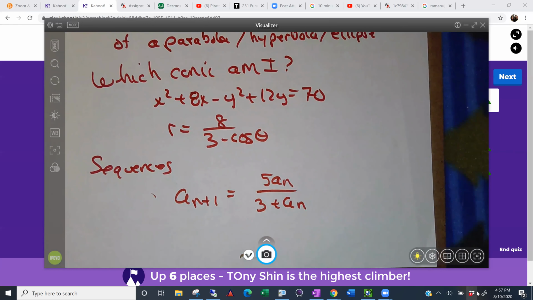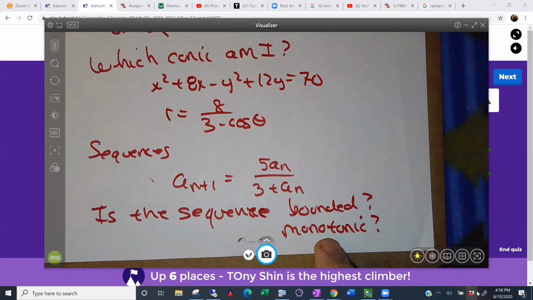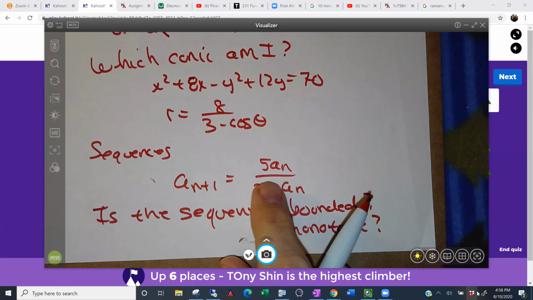You should be able to write out the first 5 or so terms. Let's see, what else do we do? Is the sequence bounded, monotonic? I would ask these for sequences that are explicitly defined, not sequences that are defined recursively like that.